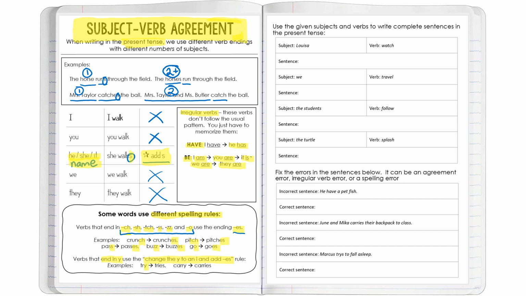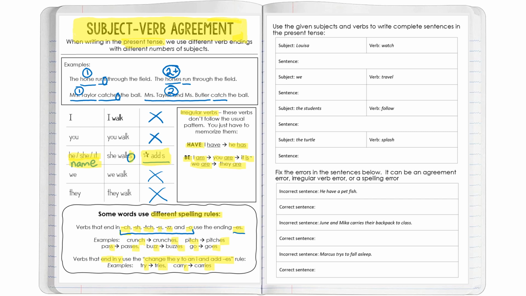When I want to say she tries her best, I had to change my Y into an I and then add ES. You'll notice tries does not have a Y. Instead, there's an I where that used to be. The same goes with the verb carry. They carry the laundry to the living room. My brother carries the laundry to the living room. The Y has disappeared and has been replaced by an I.